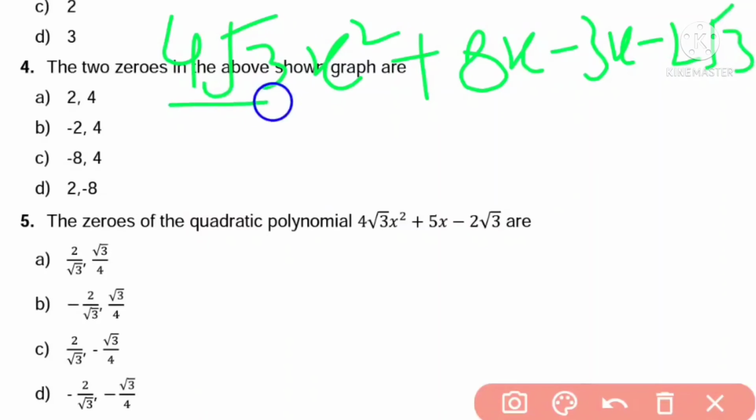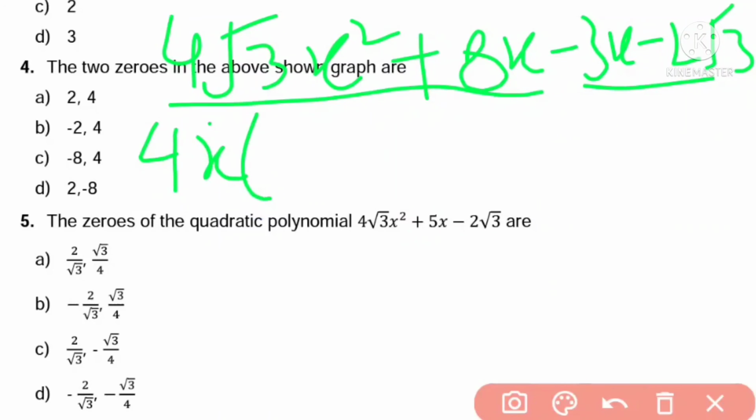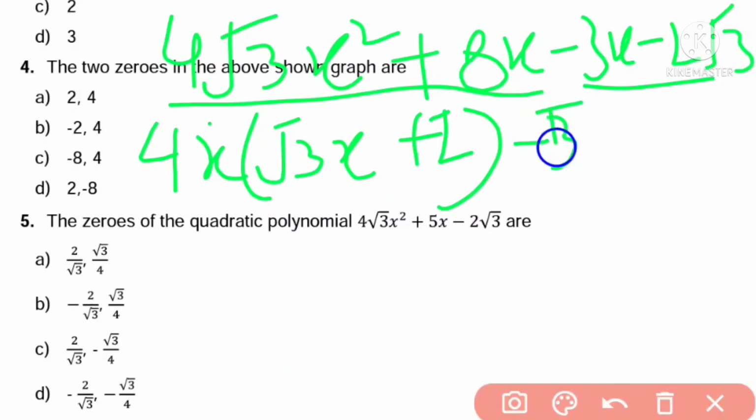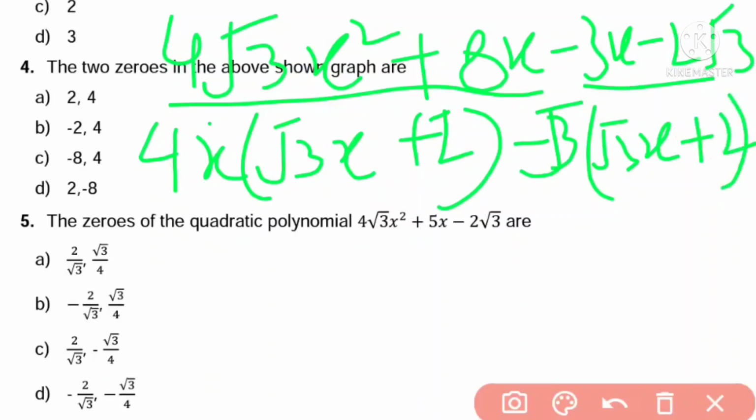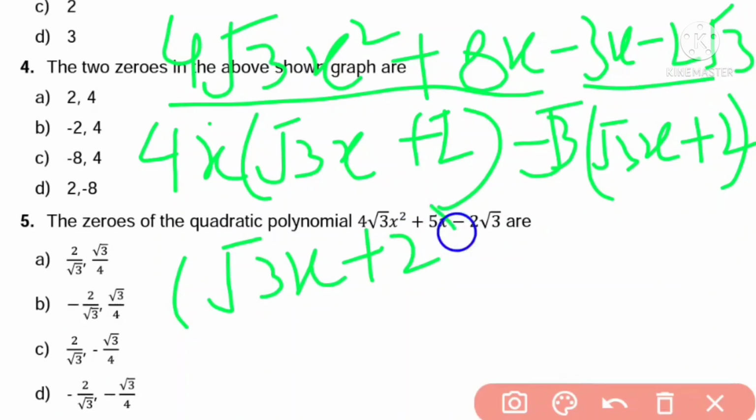Now from these first and second we can take common. 4 is common and x is common. So we get root 3x plus 2 into 4x. Okay. Then minus root 3 is common. So we get here root 3x plus 2. Now root 3x plus 2 we can take common.